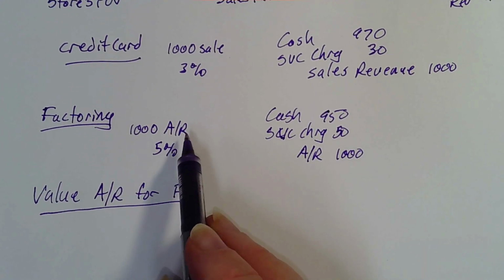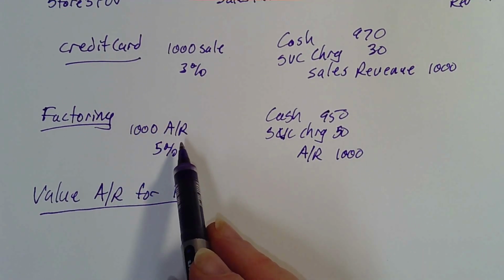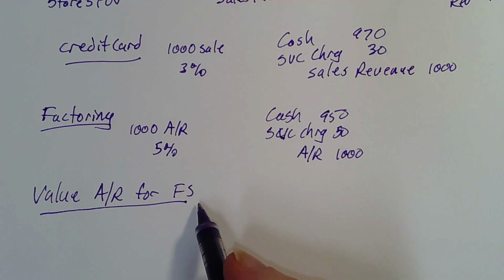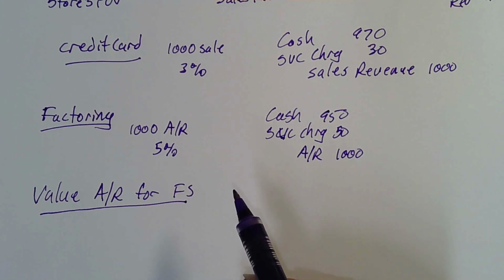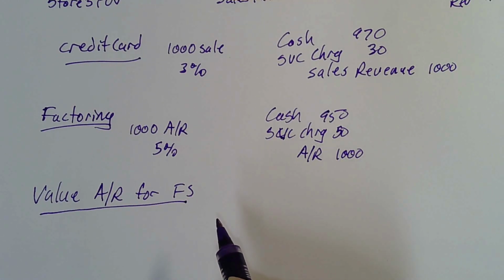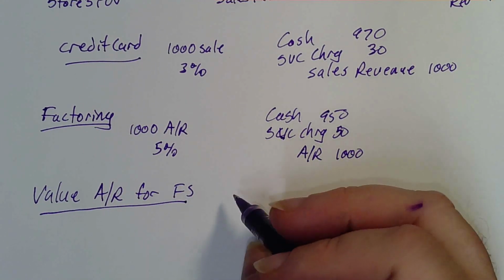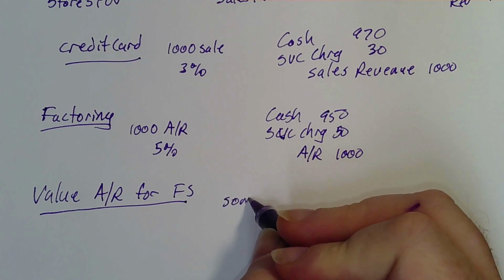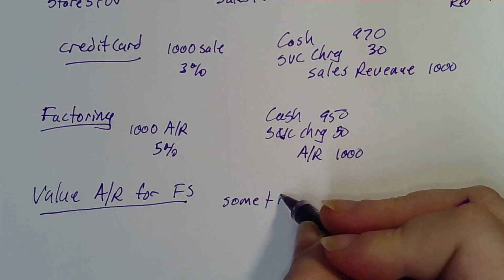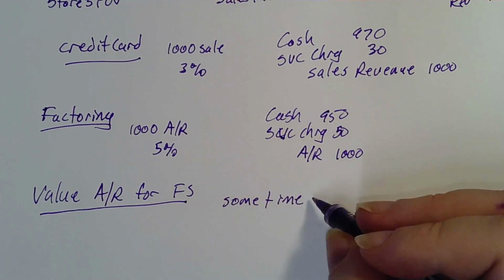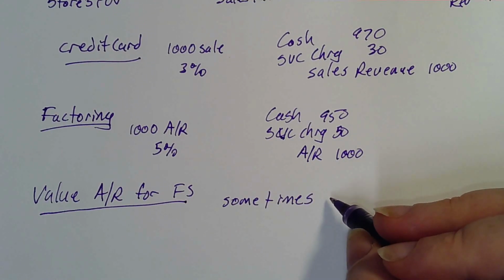In other words, is $1,000 in AR the right number that we want to put on the financial statements, or is some number less? Especially if we know from past history, we have a good idea that it's 5% that don't pay, or it's 10%. Well, hopefully it's not that much. Hopefully it's less. So sometimes customers don't pay, and we need to take that into account when we're valuing AR for the financial statements.